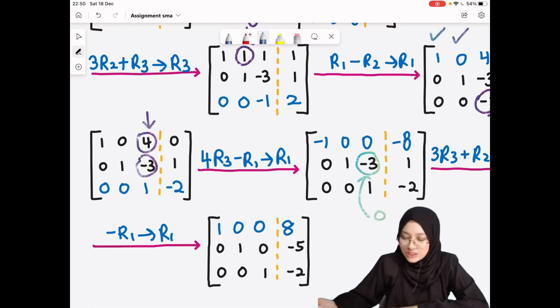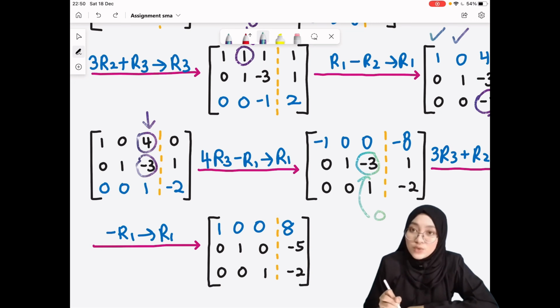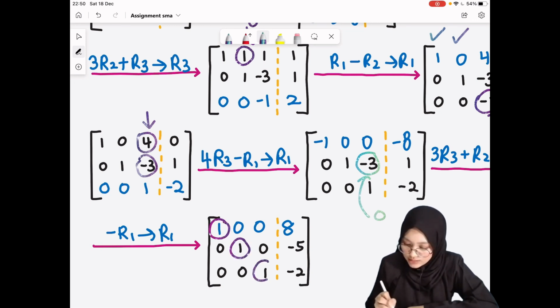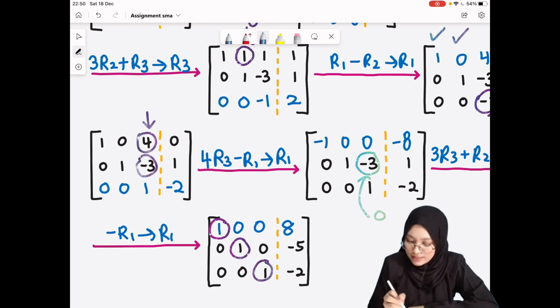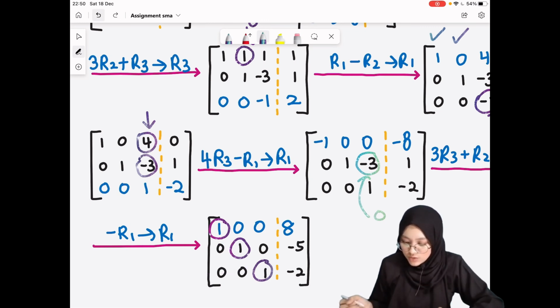How do we know whether this follows the Gauss-Jordan elimination method or not? We need to check the leading ones here. This is a leading 1, leading 1, and leading 1. And the leading one moves progressively to the right. And also above and below each leading one are all 0.